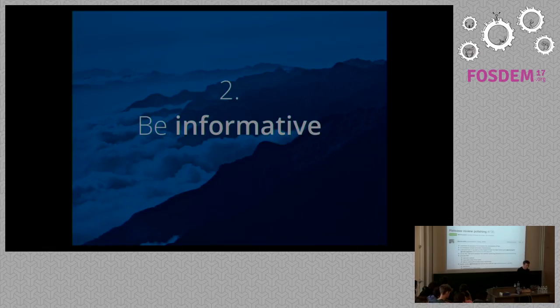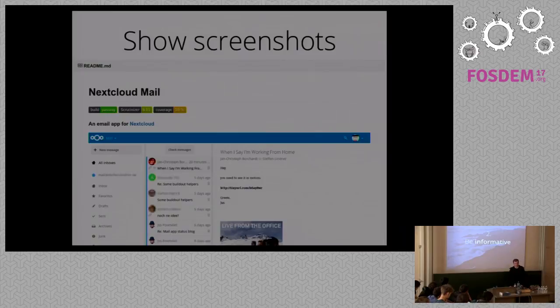Second thing is be informative. So what does that mean? It's basically something as simple as just putting screenshots in your README, in your repository README. A lot of projects I look at, I go to their GitHub or GitLab or their repository anywhere, and they don't even have any screenshots, even though it is an app which probably has an interface, and there's a ton of explanation, and it lists, oh, we use PostgreSQL and some blah blah blah cluster with some AngularJS, and I don't even care about that when I want to use it.